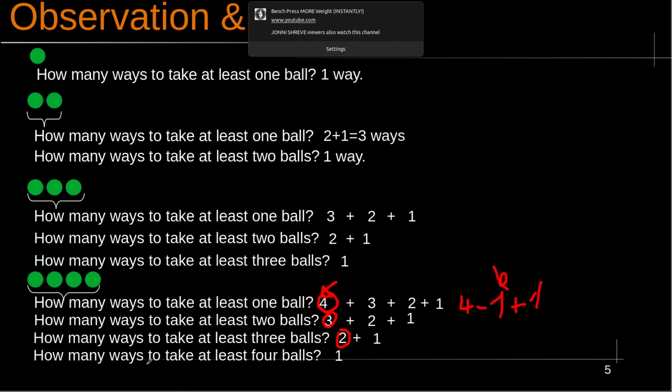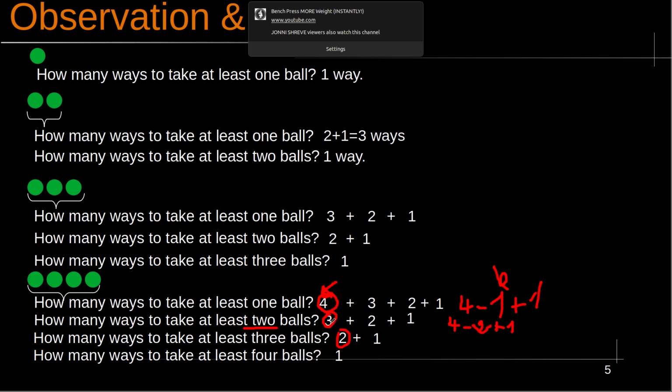Now we want to make a formula. So here 4 minus 1 plus 1. Let's take 3, for example. Here we have at least 2 balls. So it will be the length of the number of balls minus k, which is 2, plus 1, which is equal to 3.